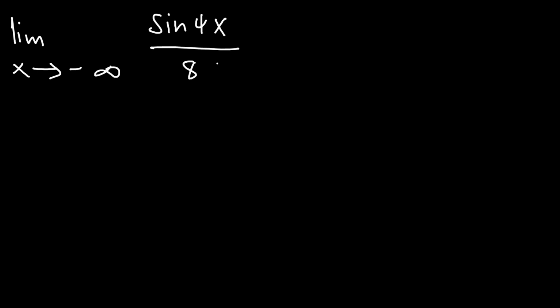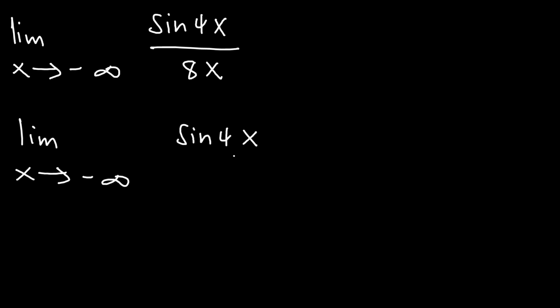Now what if you had, let's say, the limit as x tends to negative infinity of sine 4x divided by 8x. Now this can also be written as the limit as x tends to negative infinity of sine 4x divided by, now 8x is the same as 2 times 4x.